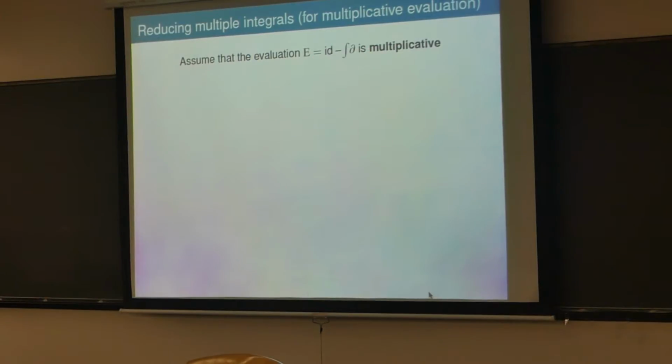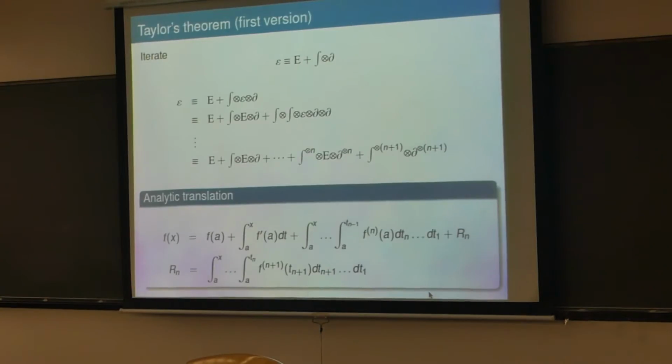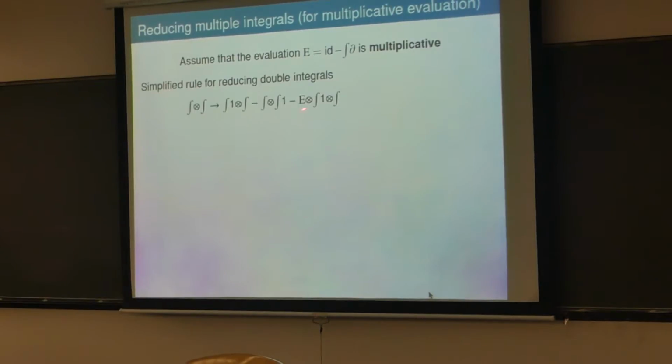For the second formulation, for the moment, we also assume that the evaluation is multiplicative, because then what we need to simplify in this rule are these iterated integrals. If we assume that the evaluation is multiplicative, then this last term vanishes, and so I can replace the double integral by the sum of integral of 1 times integral minus integral times integral of 1.